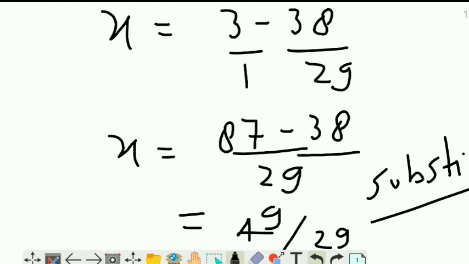We will put the value of that variable in the other equation. After finding the value of either one variable, that is either x or y, we can put the value of that variable in any one equation and you can get the value of the second variable. So this is the substitution method to solve the pair of linear equations in two variables.